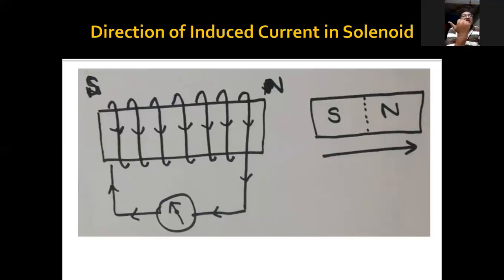On the side of the solenoid which is facing me, the current will be going downward. So in these coils, I will put arrows in the downward direction. If in this wire the current is going down, I put this arrow, then this arrow. So I know the current is coming in this direction, so I will put this arrow, this arrow.